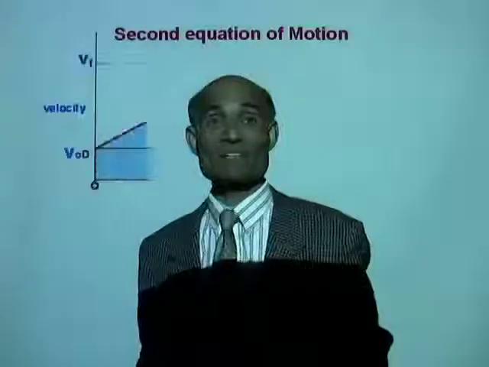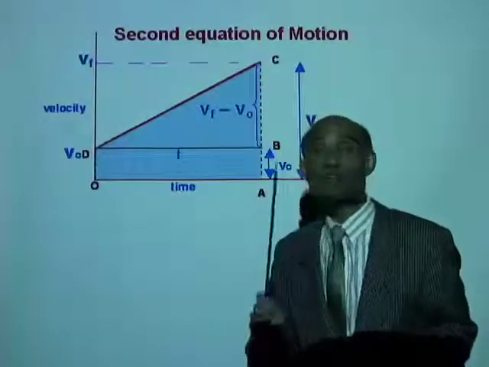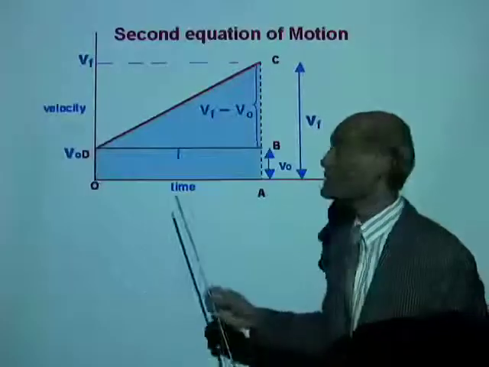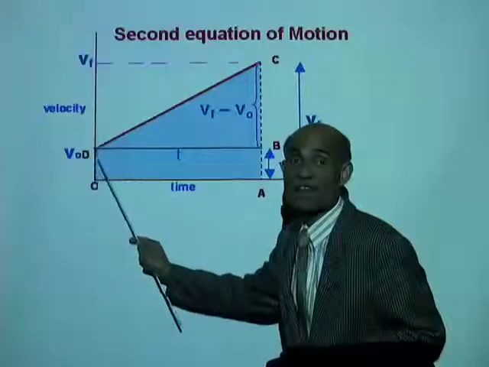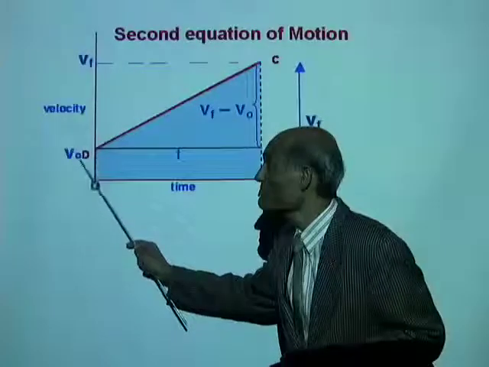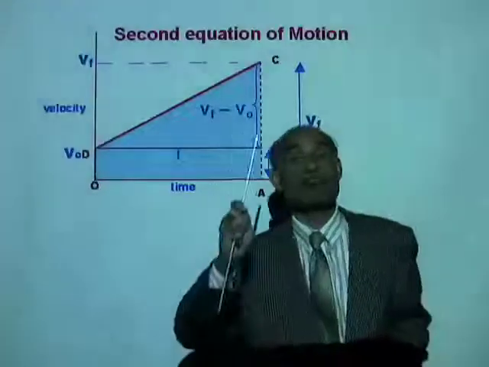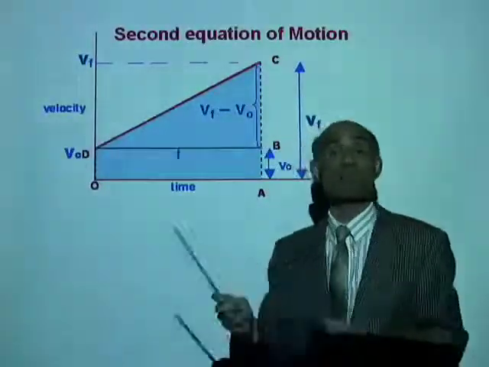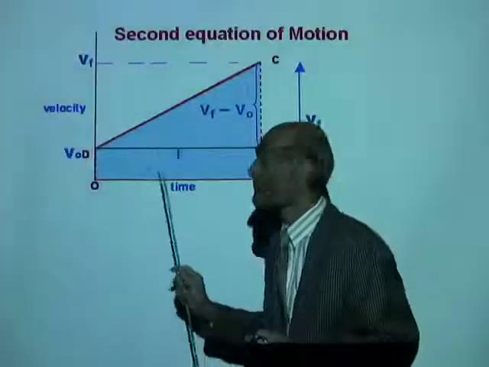Look at the second equation. The second equation, we are going to use the concept we developed earlier. Suppose you have an object that starts with an initial velocity V0. So I'm going to use a graph of velocity against time to develop the second equation. Alright, now listen carefully here.